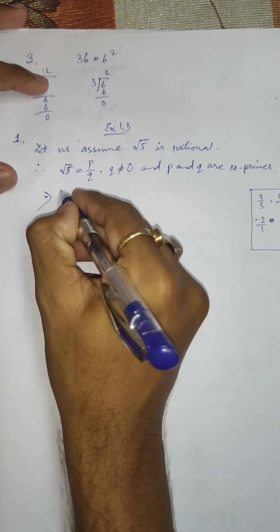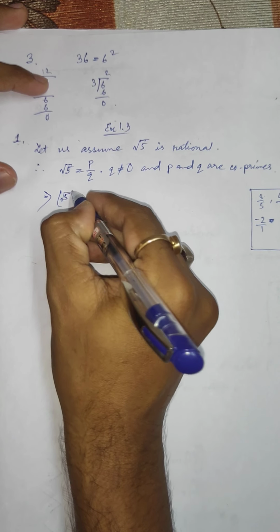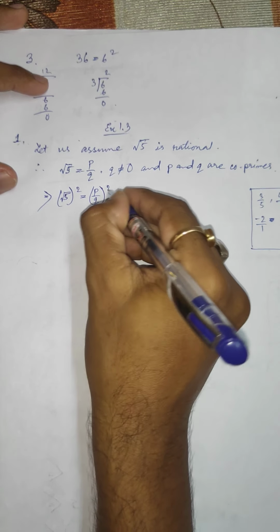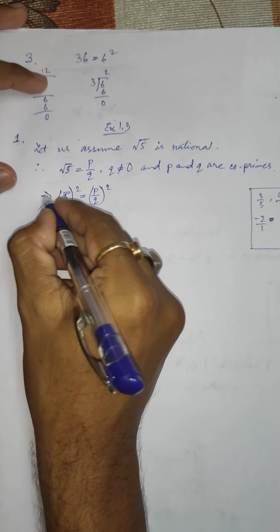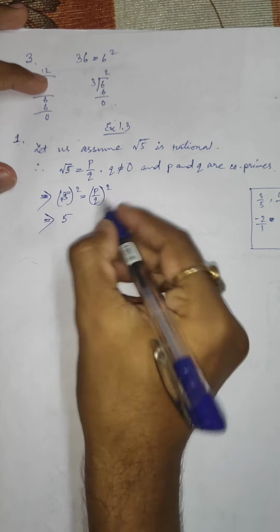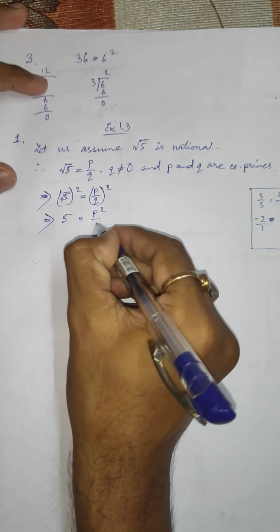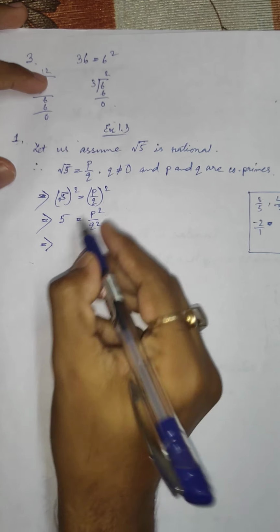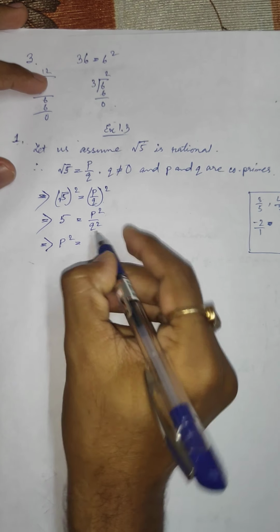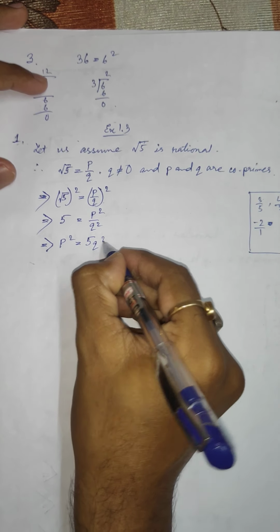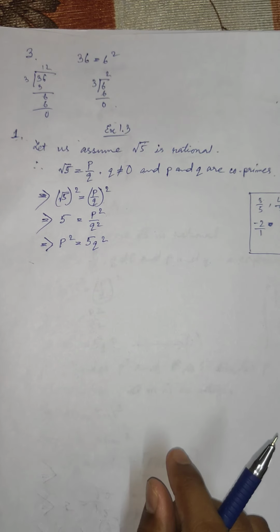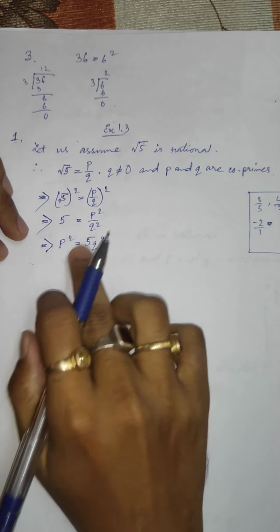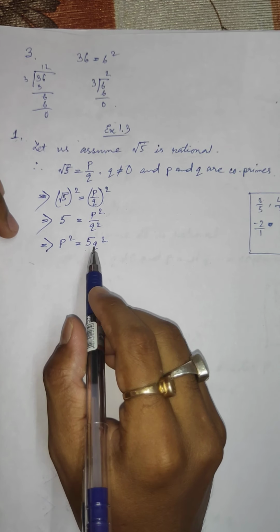Now squaring both sides. After cross multiplication we got p square equals 5q square. Now see, if p square equals 5q square, the value of p square contains 5 as a factor.